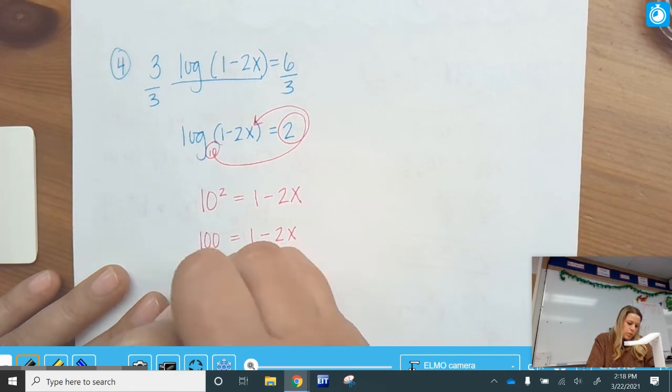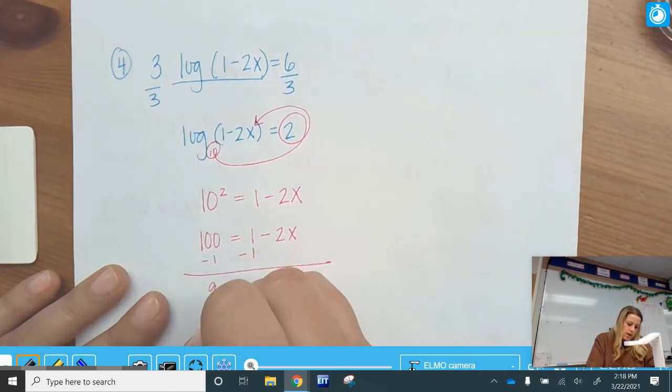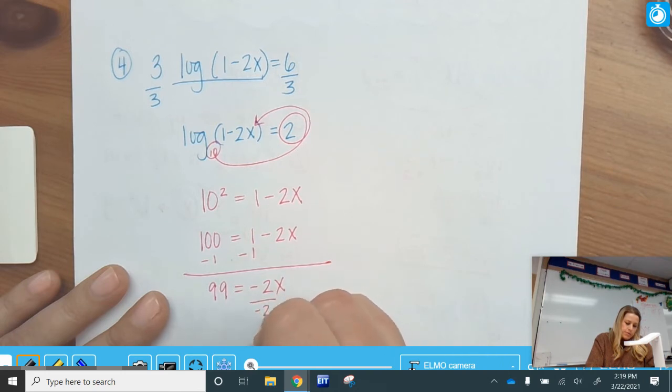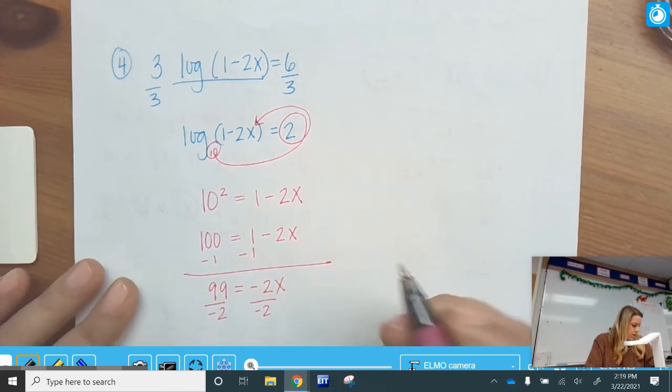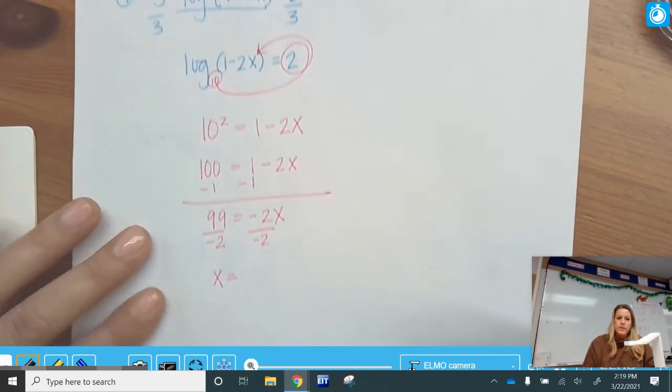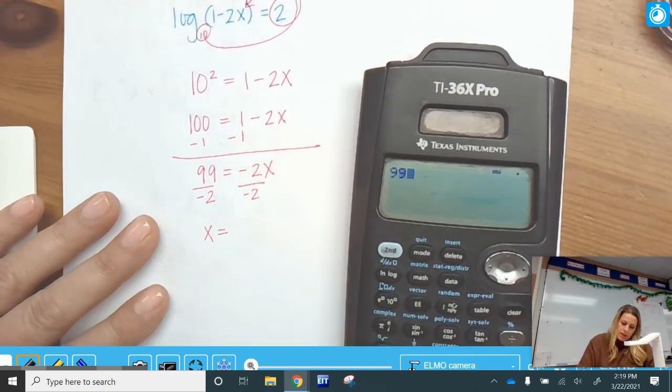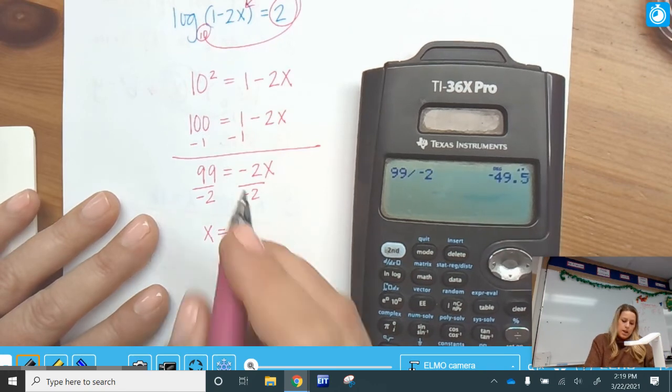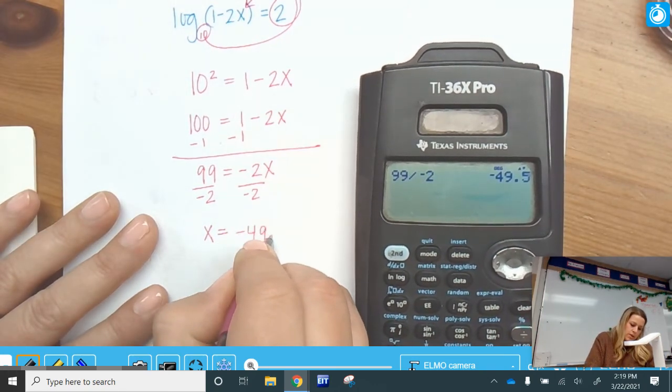We're going to subtract 1 to get 99, and then we're going to divide by a negative 2. So when we divide by a negative 2, let's see what we get. 99 divided by negative 2, and we get negative 49.5.